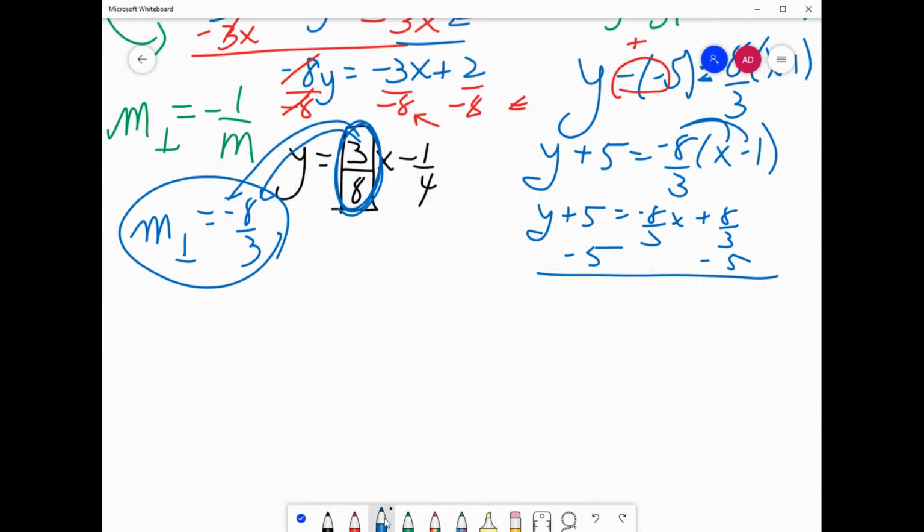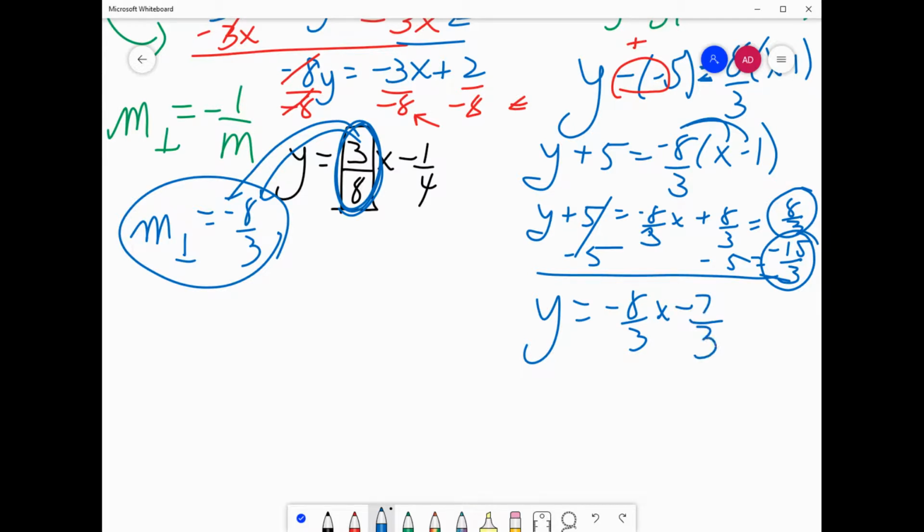Anyway, seriously, don't fret because we have a fraction. So that 5 becomes a negative 15/3. 8/3, of course, is 8/3. That gives me y is equal to a negative 8/3 x, and then 8/3 minus 15/3 makes a negative 7/3.